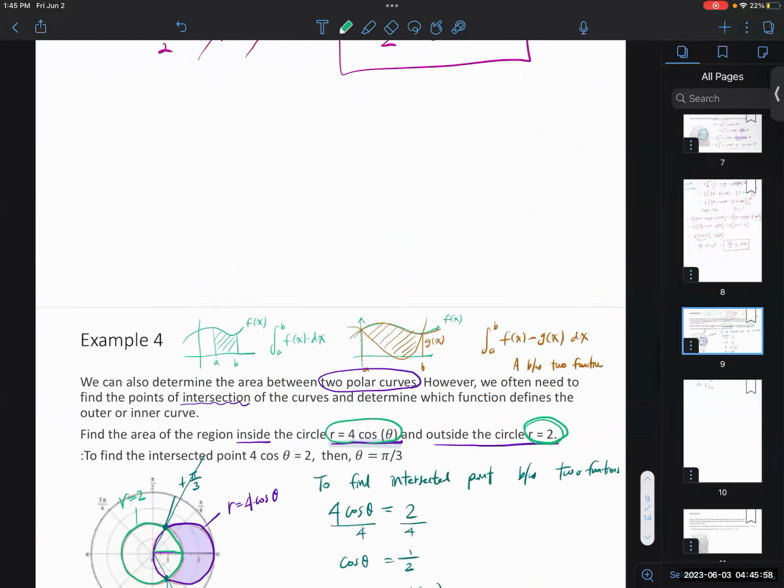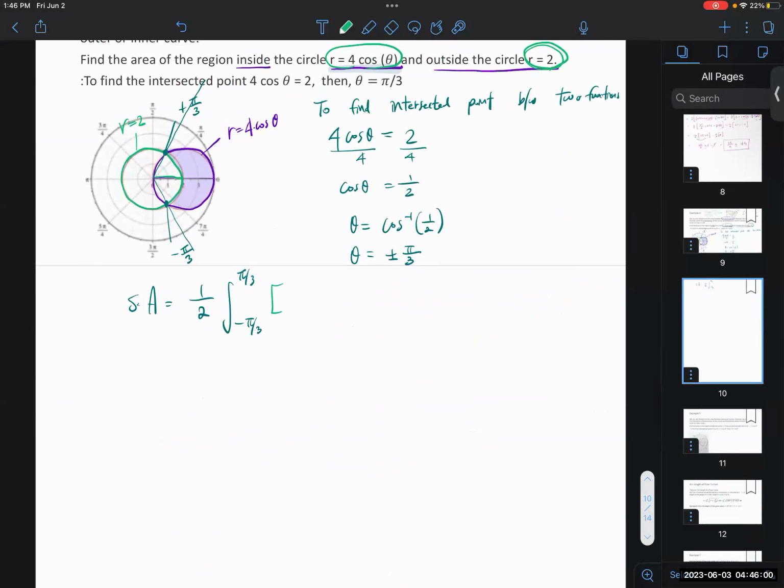So here it is going to be the first function squared minus the second function squared, d theta. This is the sector area between two functions.